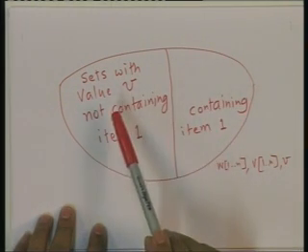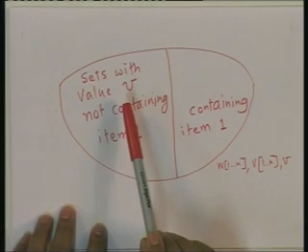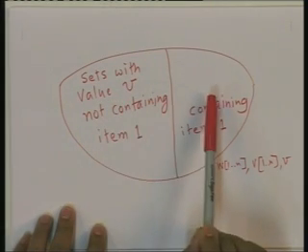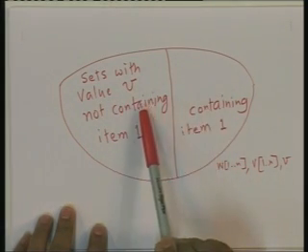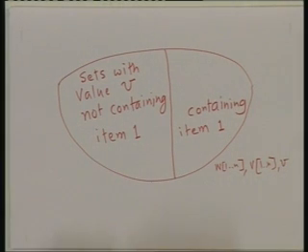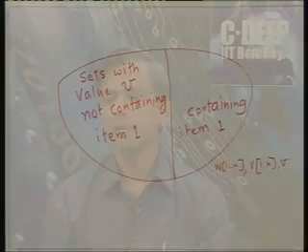So, we could ask what is the lightest set in this part, what is the lightest set in the other part, and we could take the lighter of the two. This is precisely what has been written down over here. We wanted the optimal solution to the instance W 1 through n, V 1 through n, and little v, and we can get that by picking the solution with the smaller weight of these two solutions.